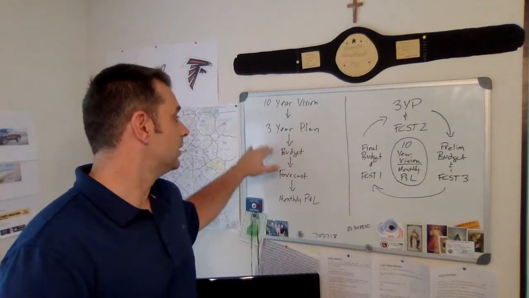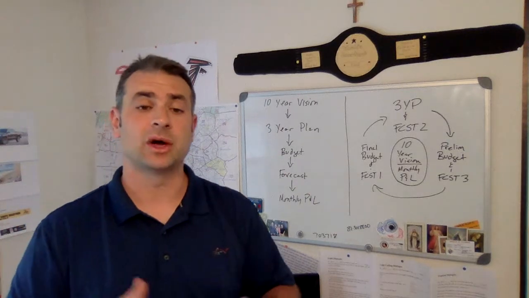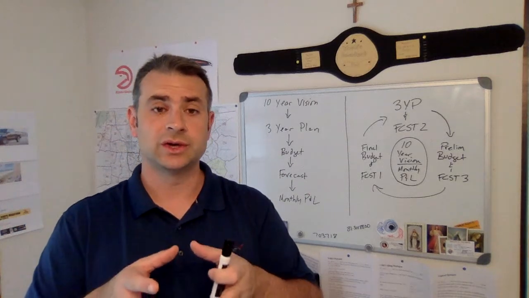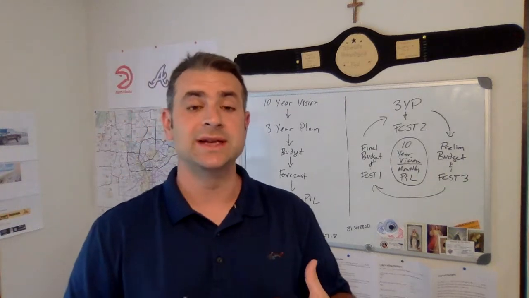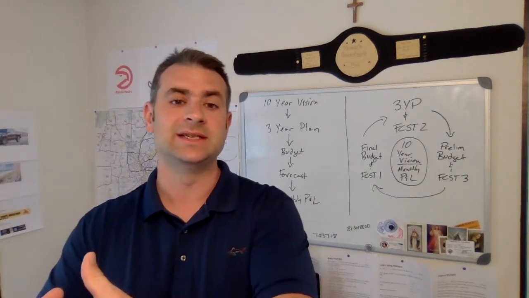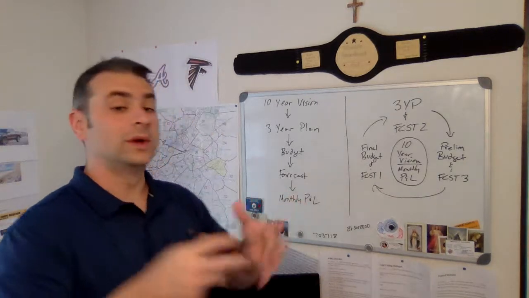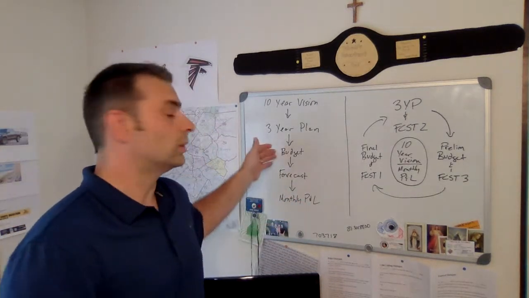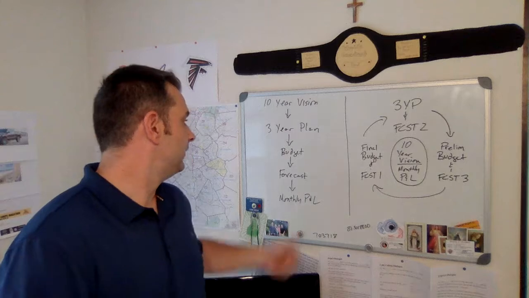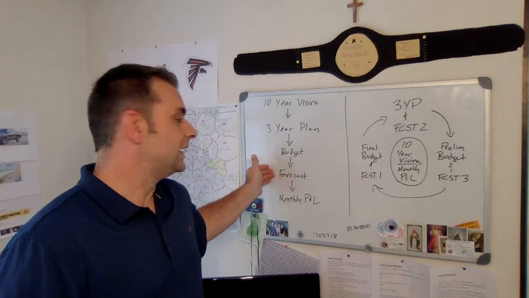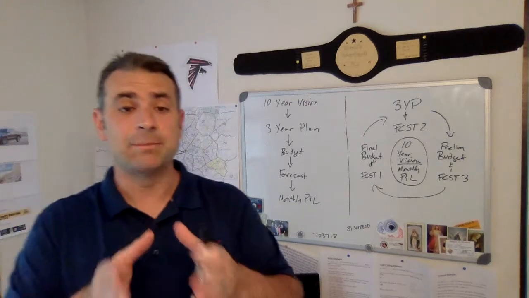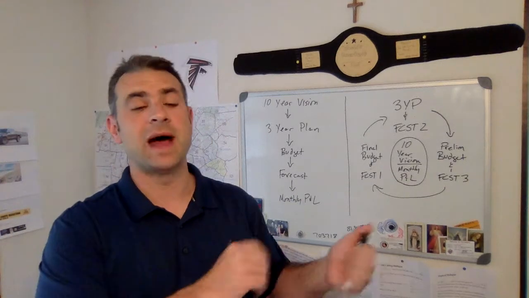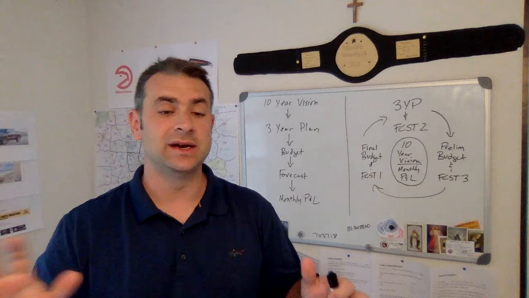So the next thing below that is our budget. And when I'm talking about the budget, that is, what is our budget going to be for the next year? So we're in 2018, so it's what is our 2019 going to look like. So once we have that set in stone, then the next thing we have are forecasts. So we don't just set a budget one time, forget about it, and not update it at all.